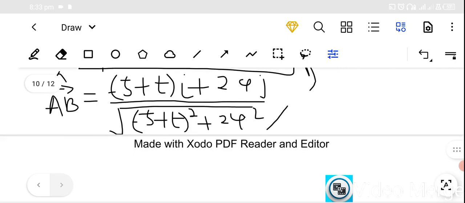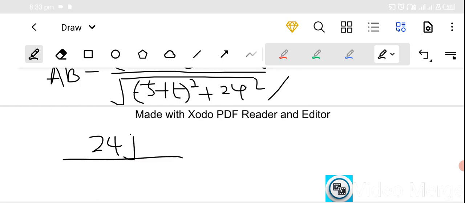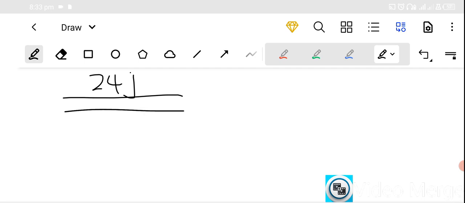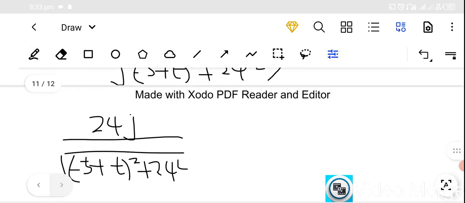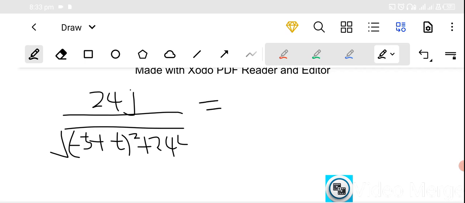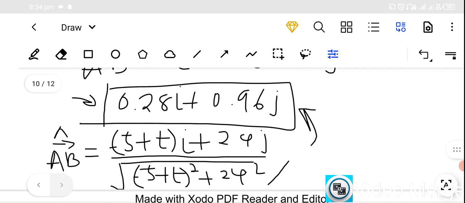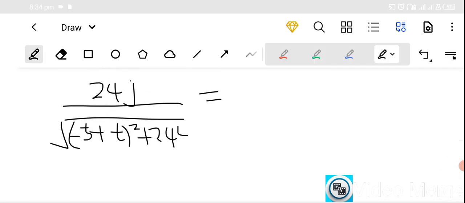So you have 24j, then you divide by the square root of negative 5 plus T squared plus 24 squared, is equal to the component having j for what we have been told in the question. The component having j is 0.96. So it's equal to 0.96.